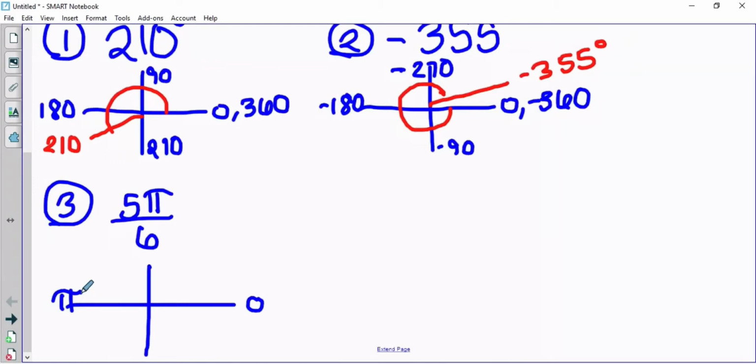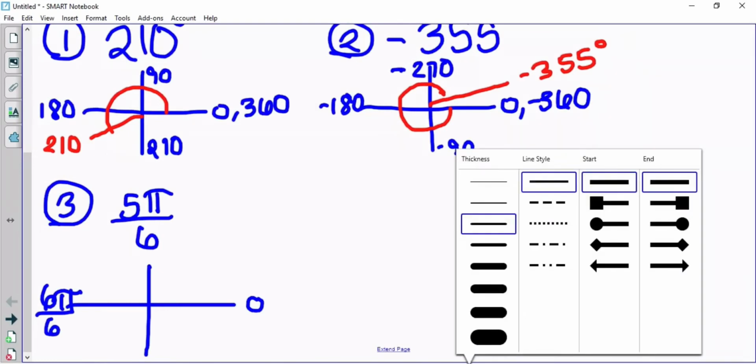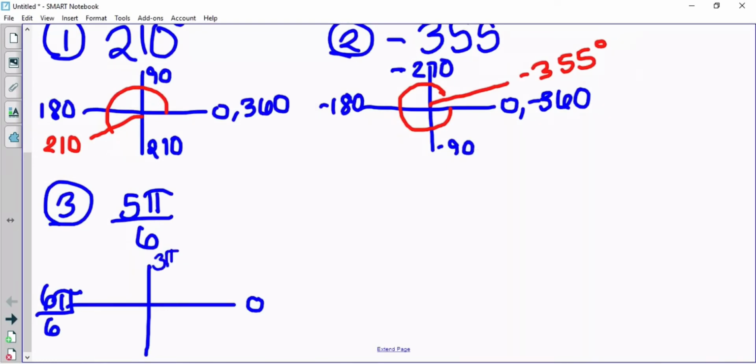Well, because the angle that I gave you is 5 pi over 6, instead of calling this pi, I'm going to call this 6 pi over 6. And therefore, halfway there would be 3 pi over 6. That's straight up in the air. Round to here is 6 pi over 6, 7, 8, 9 pi over 6. And a full circle would be 12 pi over 6, or 2 pi.